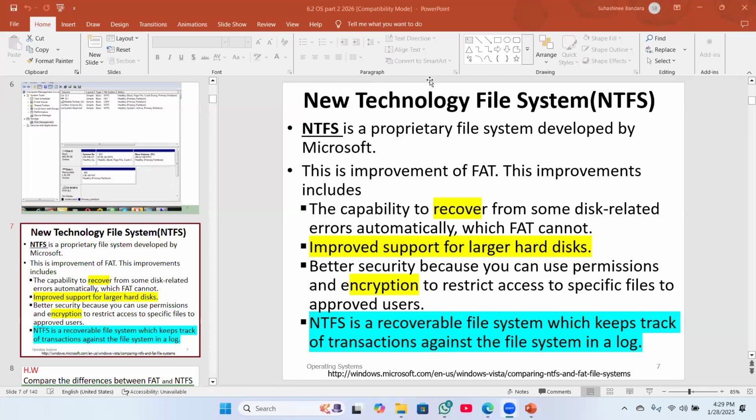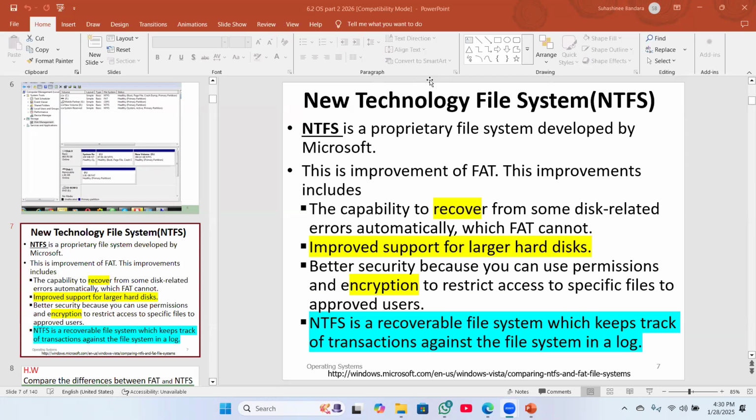The next one is the new file allocation system, NTFS. So NTFS is a proprietary file system, that means like Windows, we pay and buy the license. NTFS is a proprietary file system developed by Microsoft. This is an important improvement over FAT.